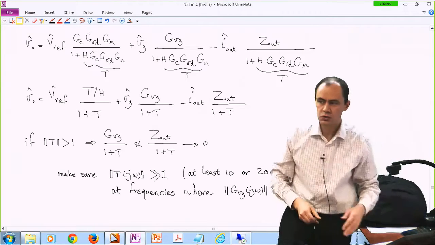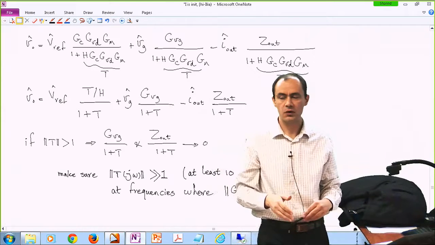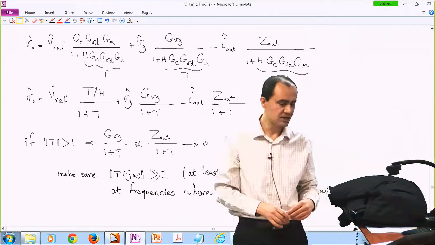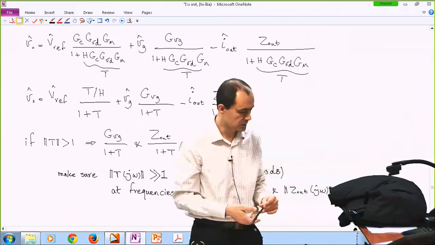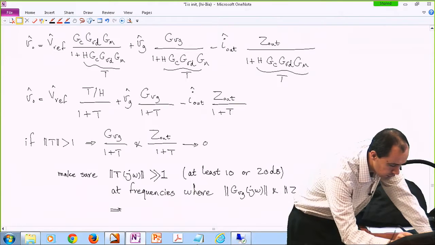Okay, so if you make sure this happens, then the whole, for instance, GVG divided by 1 plus T is very small, or Z out divided by 1 plus T is very small. That means you can have line and load regulation.